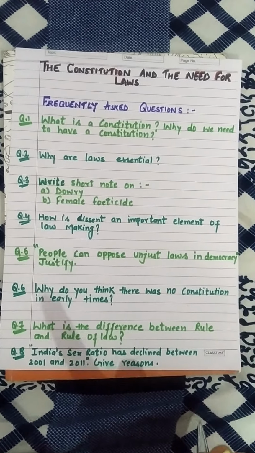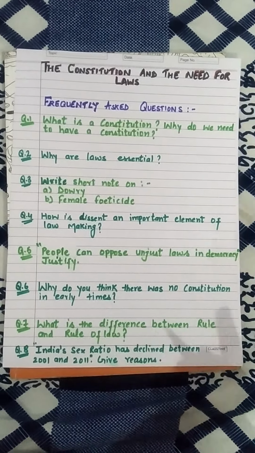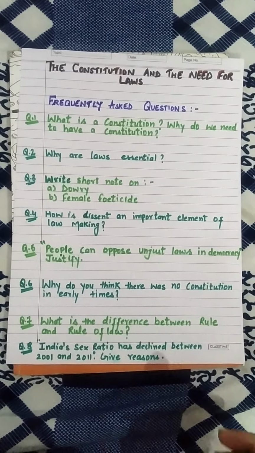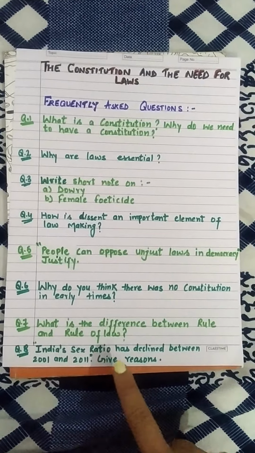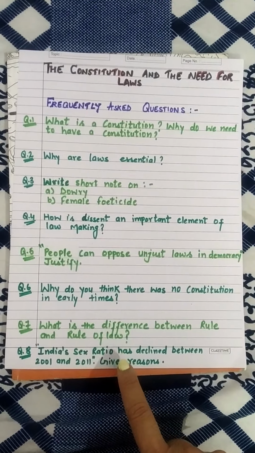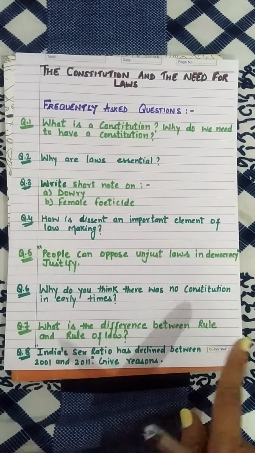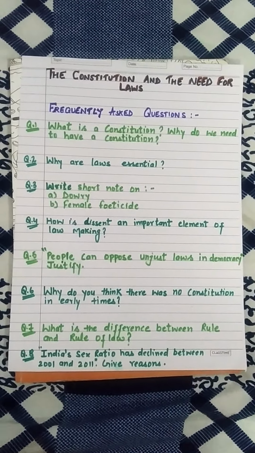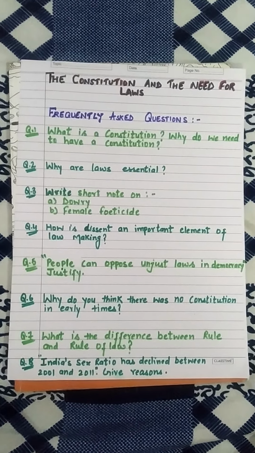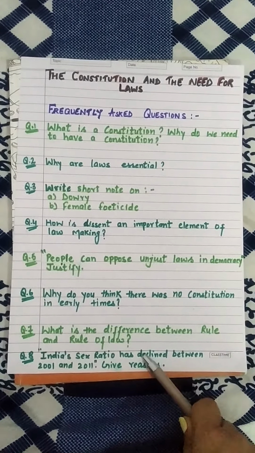So this was the first reason, and because of this it led to female feticide also. So these two reasons you are going to mention here. One is the preference of the society for the male child instead of a girl, and second, it led to female feticide. I hope this question is also clear.